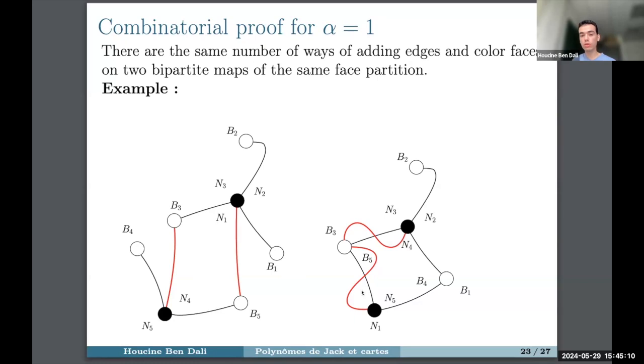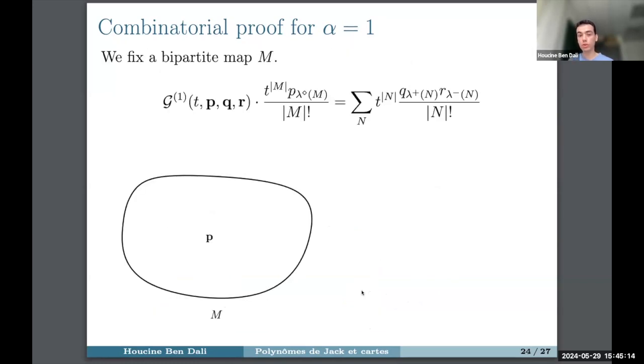So in particular, we have a combinatorial interpretation of the action of this operator G on any map, which I will try to schematize here. We have this big ellipse which represents some map M. Then we act by this operator G on this weight, which contains just the face weight and the size weight with some normalization.